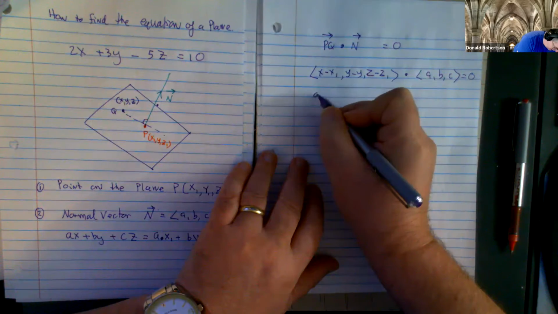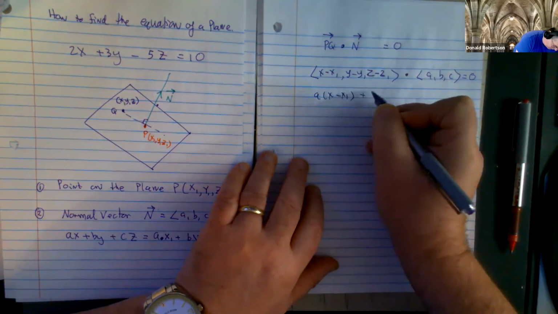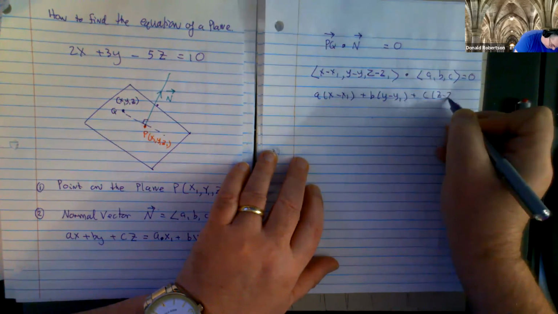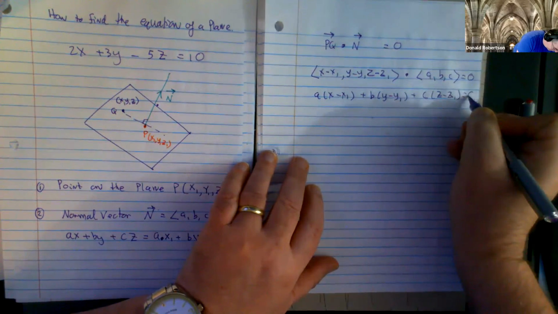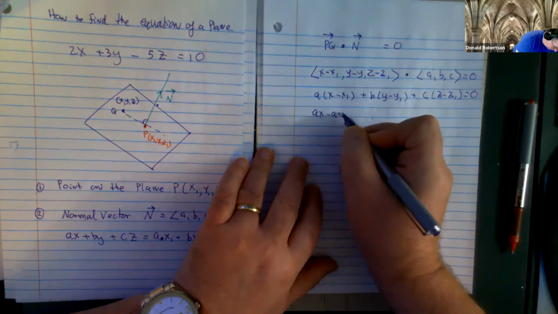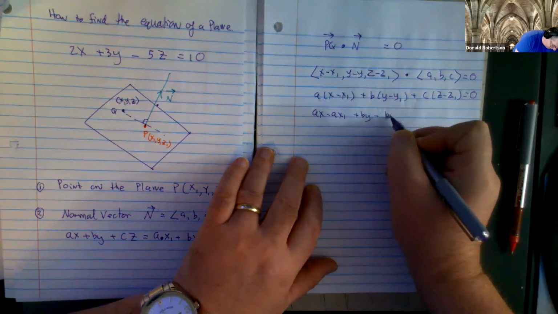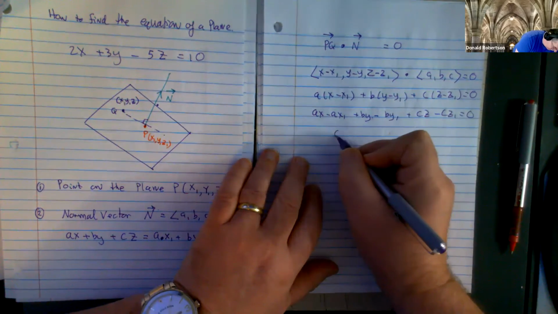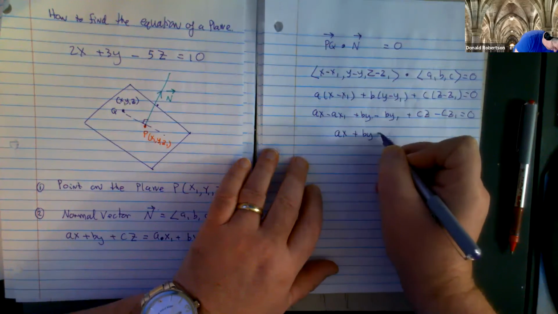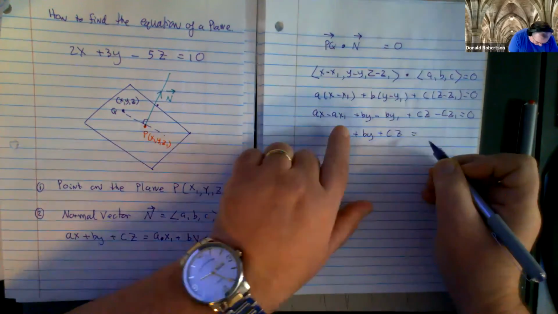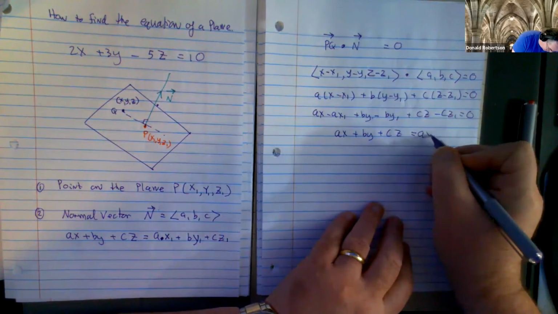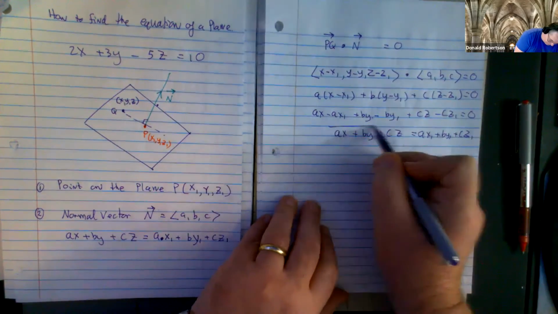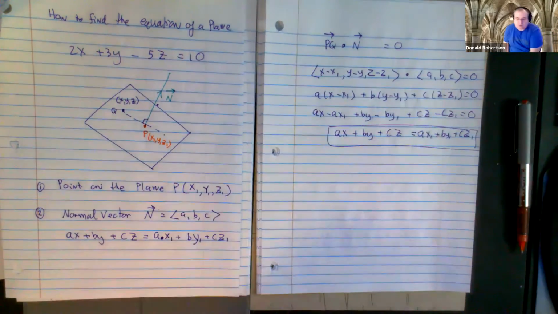And that times that gets me a times (x take away x1) plus b times (y take away y1) plus c times (z take away z1) equals 0. If you distribute it, you get this. And if you leave these three guys here, and you add that, that, and that to the other side, you're done. Actually, quite a pretty proof, isn't it?